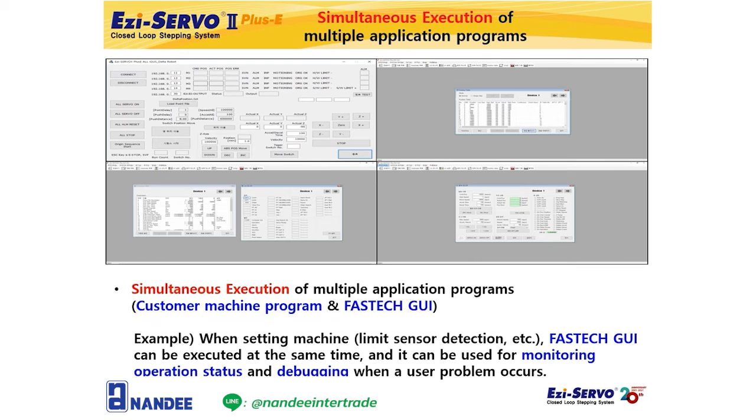For example, you can check whether the limit sensor works properly during machine setting by running our GUI at the same time. If a problem occurs in the customer's machine program, it can be monitored by our GUI program, so it can also be used for debugging.